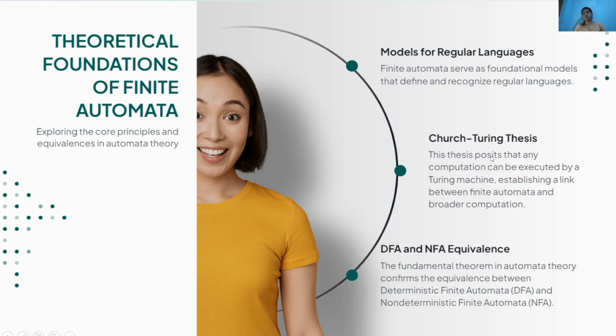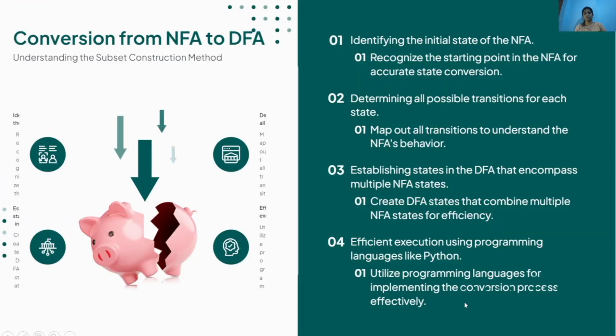This thesis asserts that any computation can be executed by a Turing machine, establishing a link between finite automata and broader computation. Next we have DFA and NFA equivalence. The fundamental theorem in automata theory confirms the equivalence between deterministic finite automata and non-deterministic finite automata.